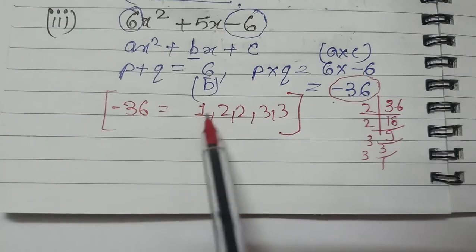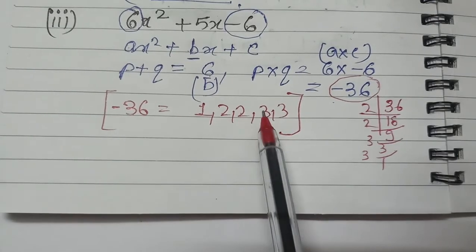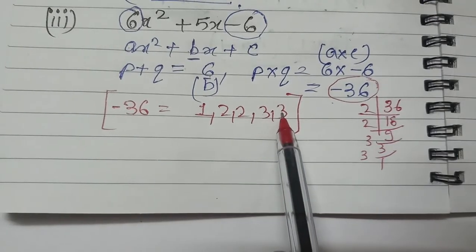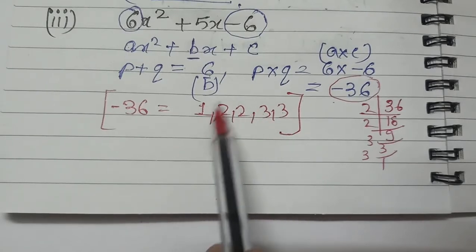So let's think. 2 into 4 is 8, no. 12 minus 3, 9. No. Again think.